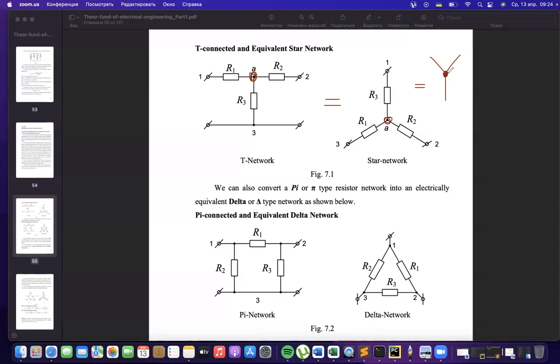The main characteristic is that you should have a central point in which 3 resistors are connected. They are all in the same situation. And the second type is called P or delta connection because we have something like a triangle. Also, it's called triangle connection because we have 3 points, and in each point, 2 resistors are connected between each other.